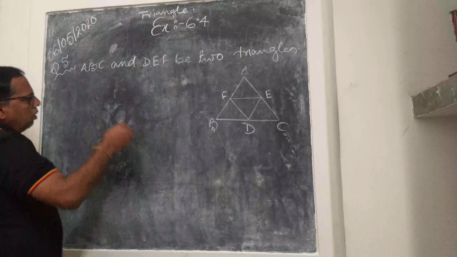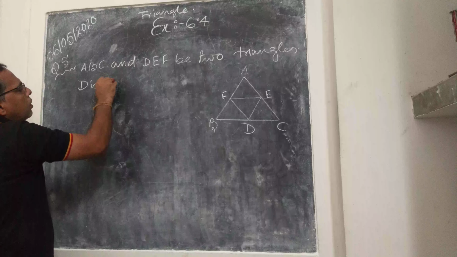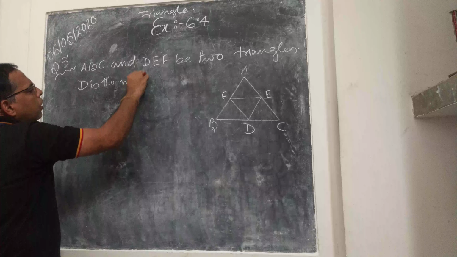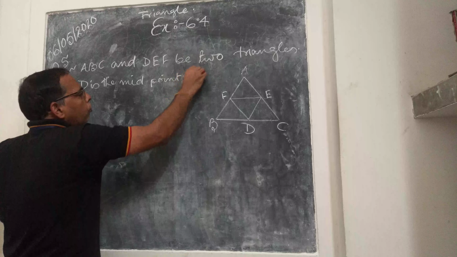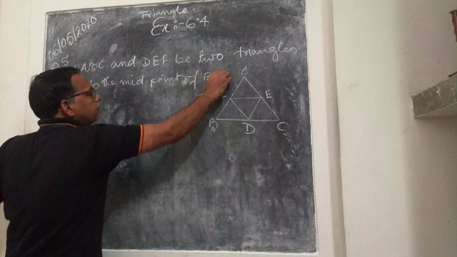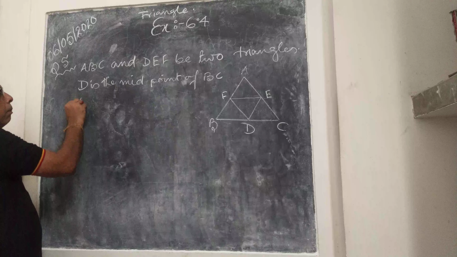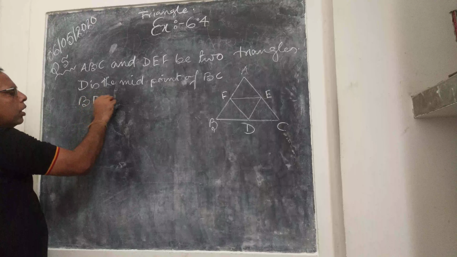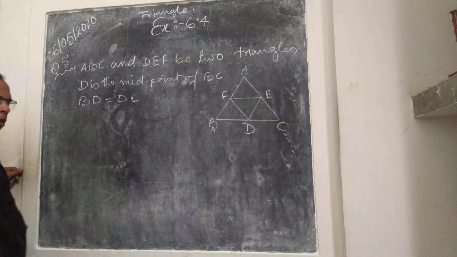D is the midpoint of BC. If D is the midpoint of BC, then BD equals DC, yes or not?